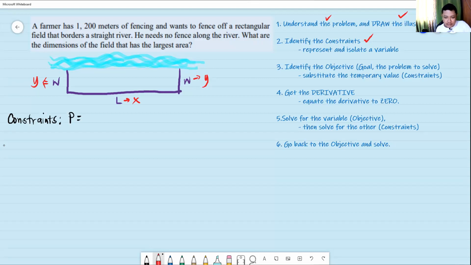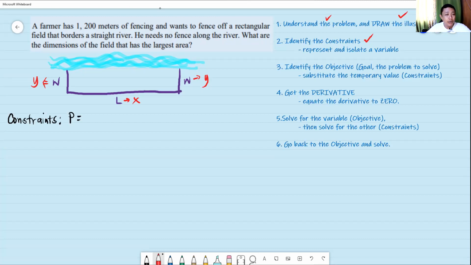What about the rest? Si Isaiah, medyo nasobrahan ka ng isang dimension, kasi your perimeter here has only two widths and one length only. Okay. Remember, perimeter, we're just adding all the sides, huh?